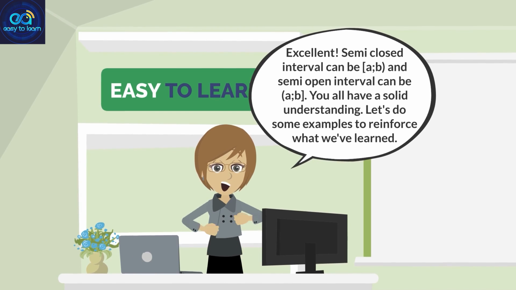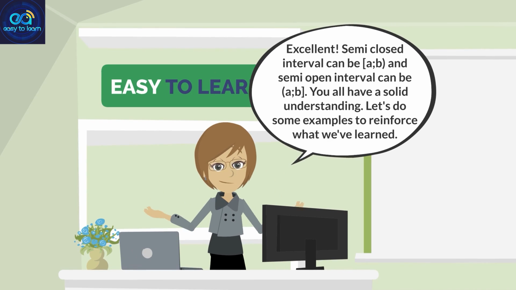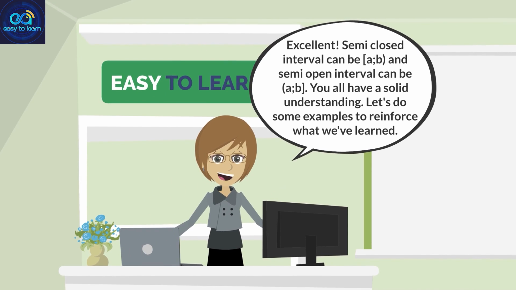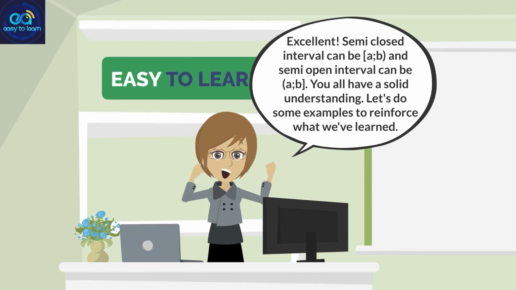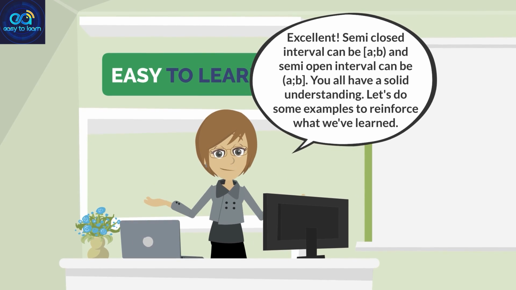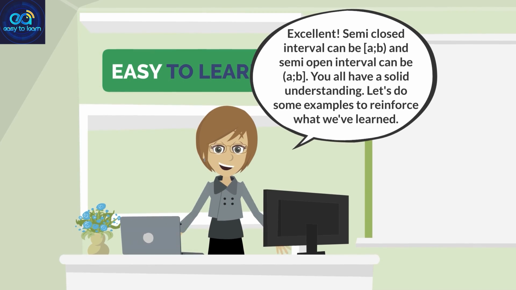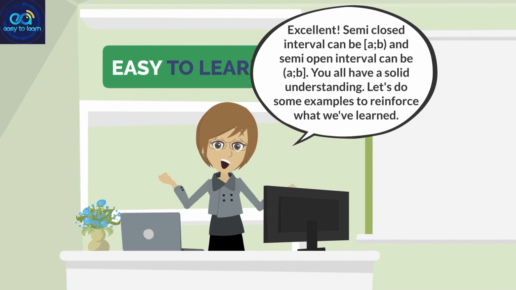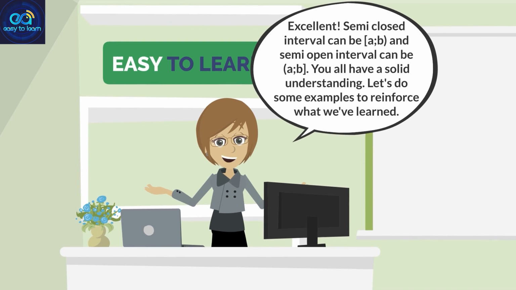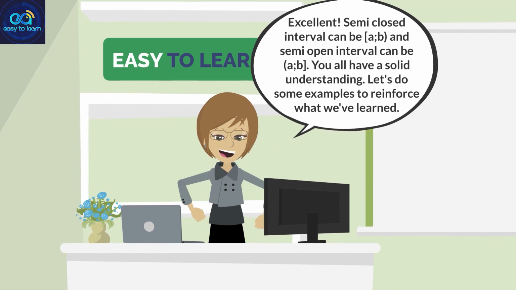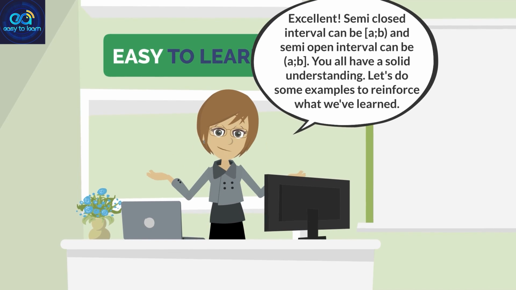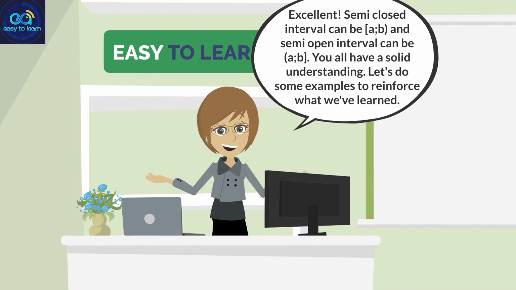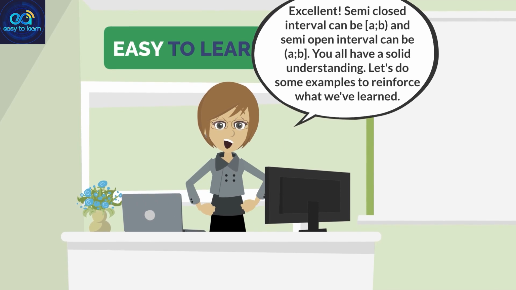Excellent. Semi-closed interval can be square bracket a and b round bracket, and semi-open interval can be round bracket a and b square bracket. You all have a solid understanding. Let's do some examples to reinforce what we have learned.